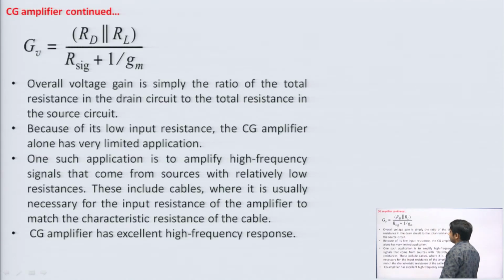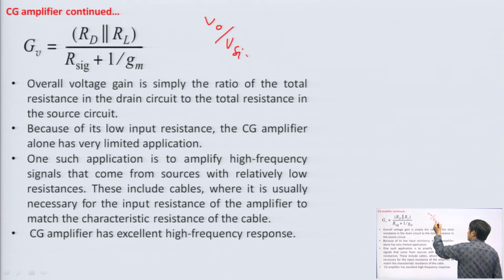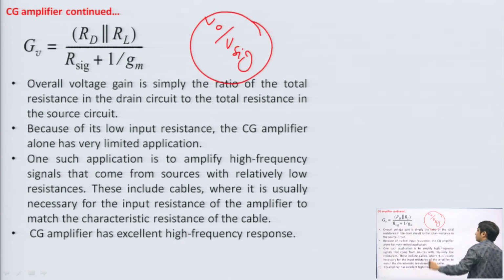And similarly, we can calculate the overall voltage gain. Overall voltage gain is defined as V naught upon V sig. We have already calculated it for common base amplifier, for common source amplifier without source resistance. It is very easy, we know the value of V naught upon V i.